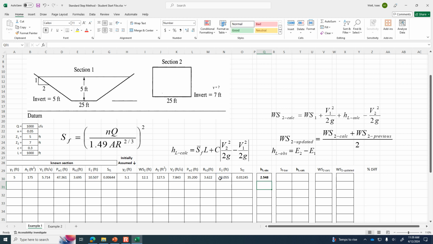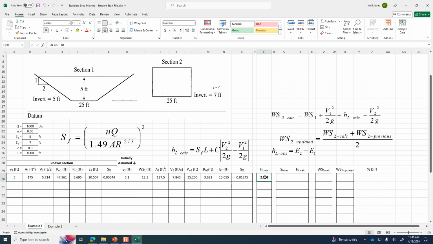So according to these calculations, at location 2, which is the upstream, there was 13.06 feet of head of energy. And at location 1, it was 10.5. So that means that as the water was flowing from 2 towards 1, it lost 2.548 feet of head.